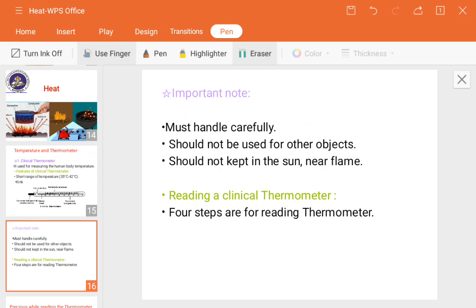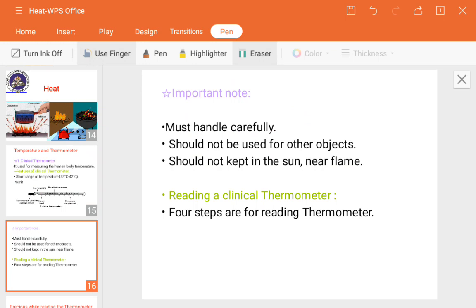Next, there are some 3 or 4 steps to reading the thermometer. How to read the clinical thermometer? There are 4 steps. The first one is to wash the thermometer with an antiseptic solution, and if the antiseptic solution is not available, then wash it with clean water.